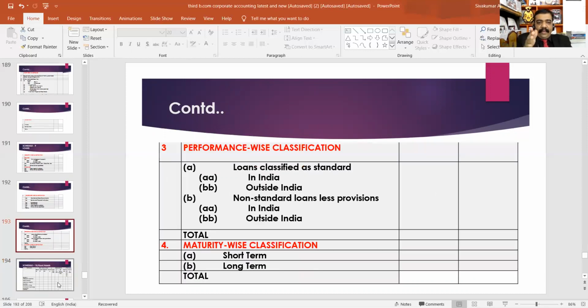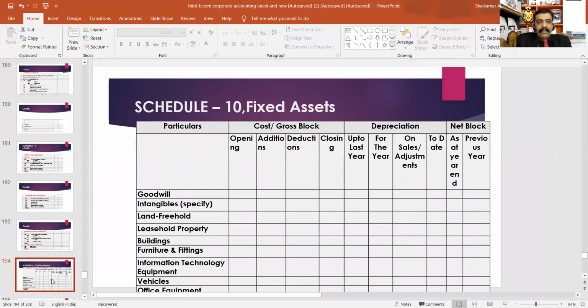Then you have to detail performance-wise classification: loans classified as standard in India, loans classified as standard outside India, then non-standard loans less provisions in India and outside India. Then you have to include maturity-wise classification, short-term and long-term. Then please total it.